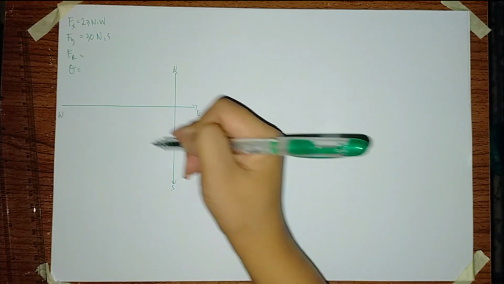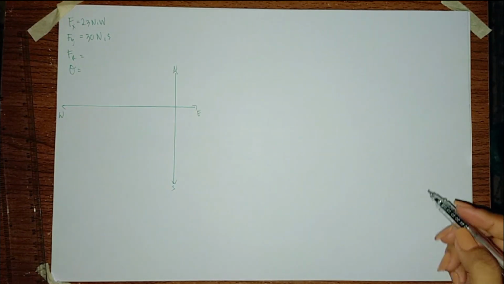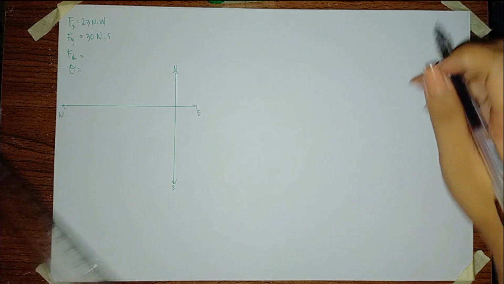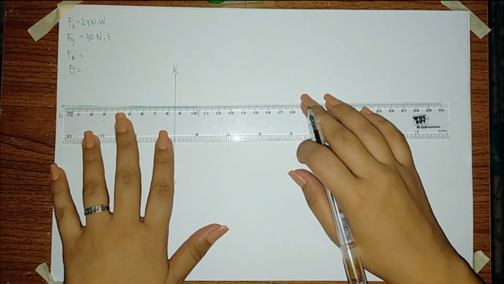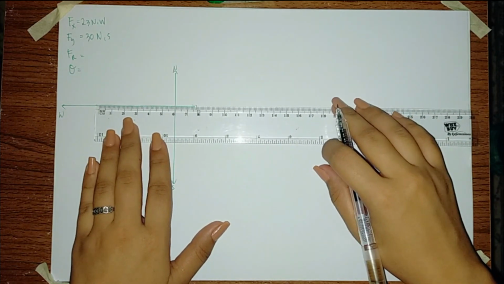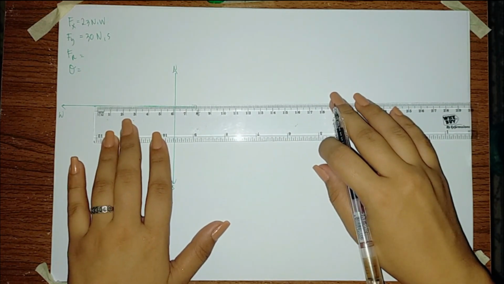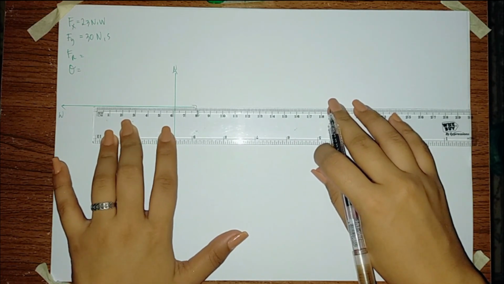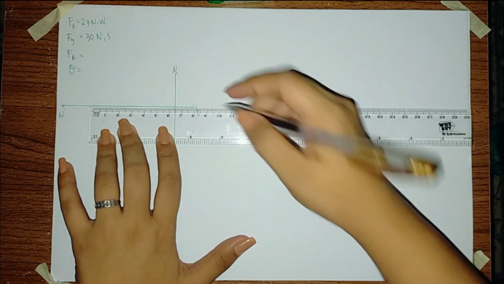Let's put in an arrow. Okay, so let us plot our vectors in the Cartesian plane. So here we have first the 23 newtons. This is our 23 newtons. Let's say this is it.